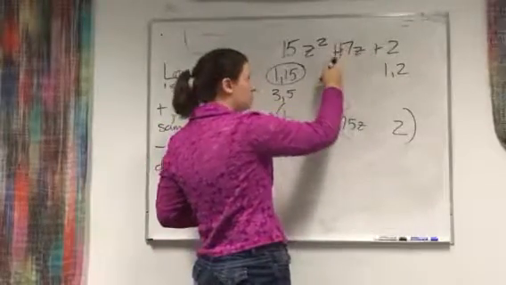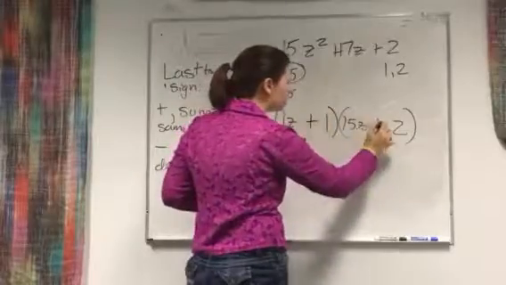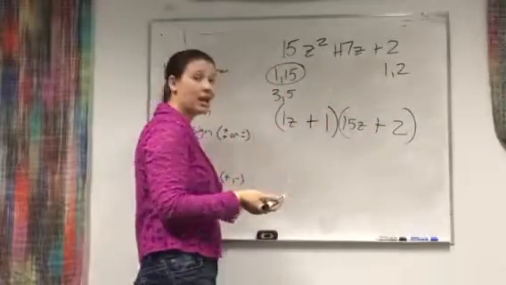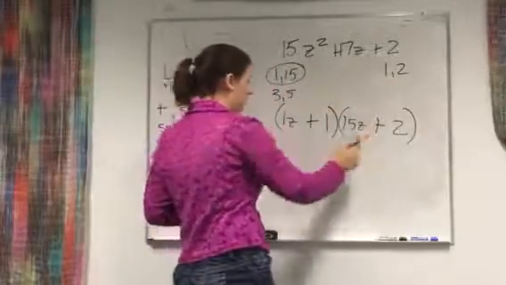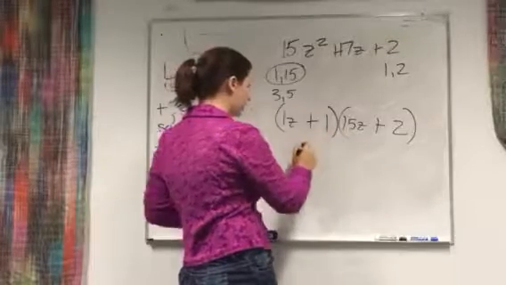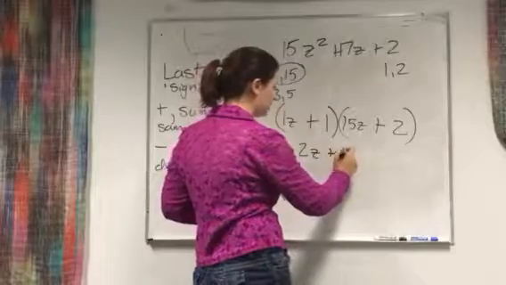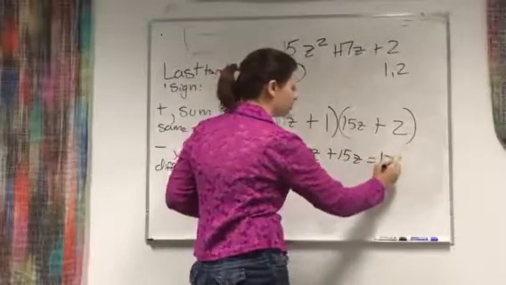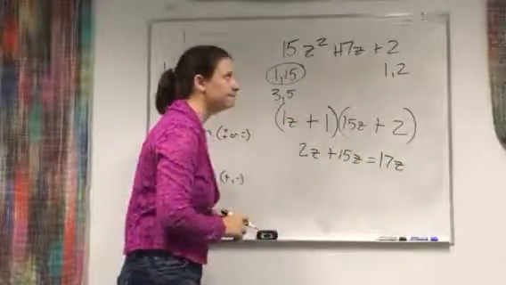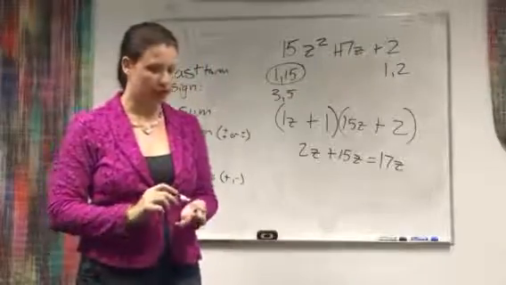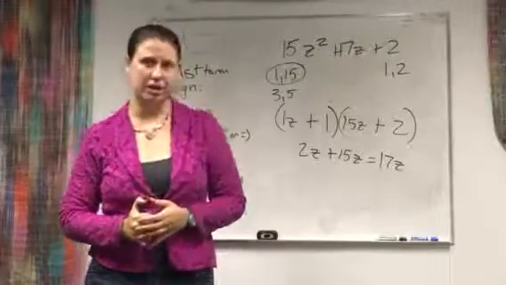Plus, same sign, it's a plus, so plus, plus. Check the outer inner. So outer is 2z, and the inner is plus 15z, which is 17z. Okay, that is factoring by what we call the trial and error method.